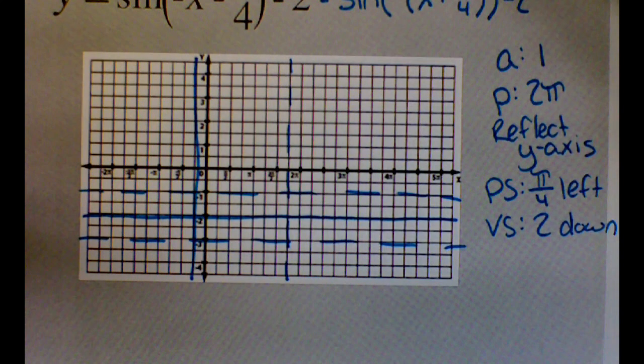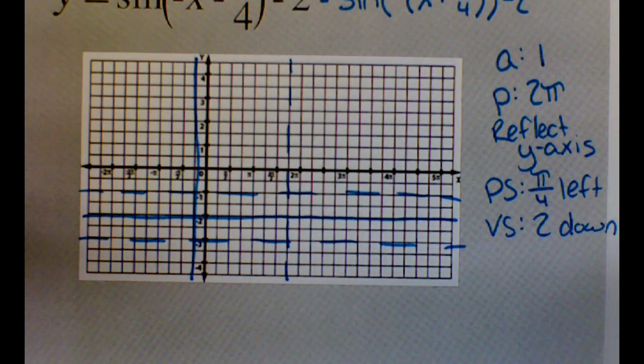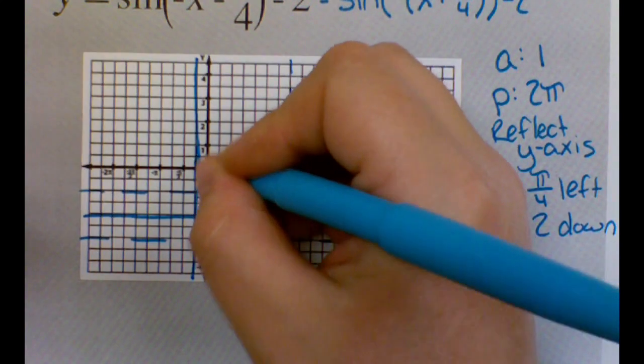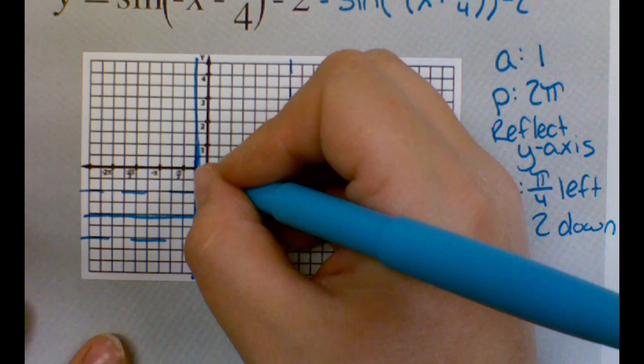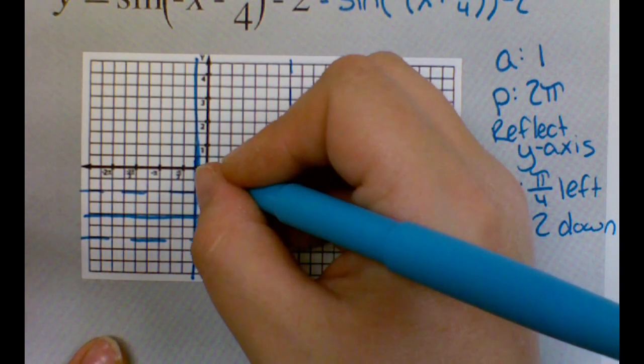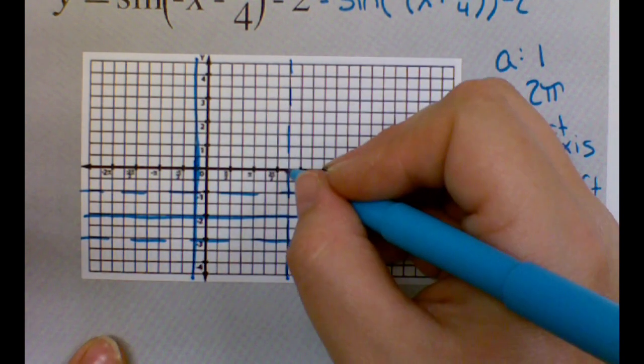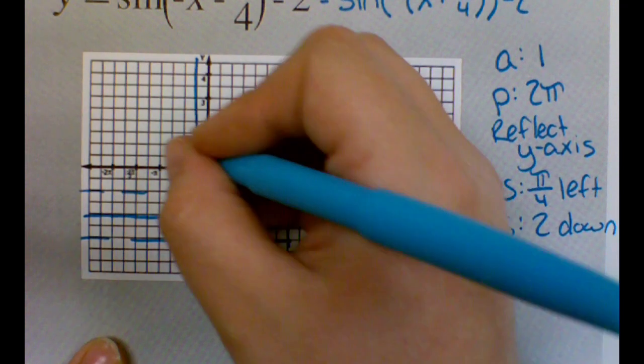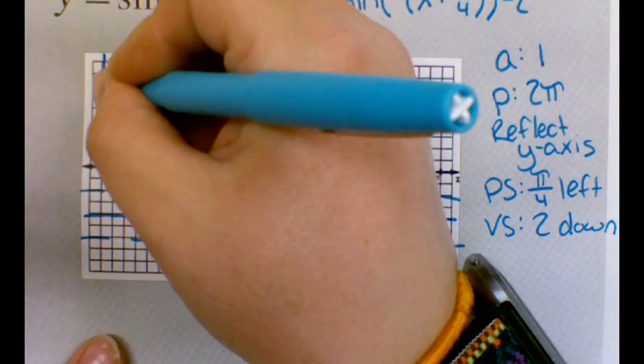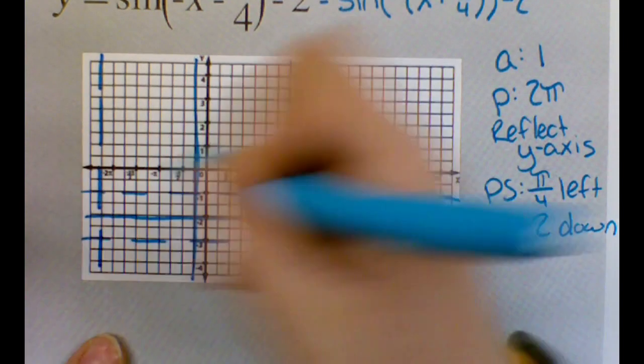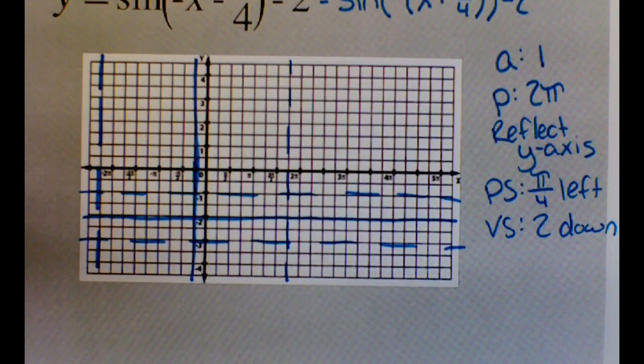So instead of reflecting over the actual y-axis, we reflect over this line right here, our phase shift. So instead of going 2 pi to the right, we actually are going to count 2 pi to the left. So over here is really where I'm going to end that first period.